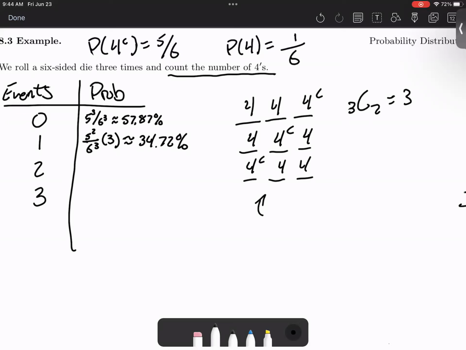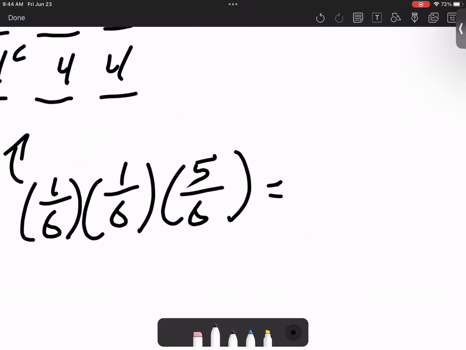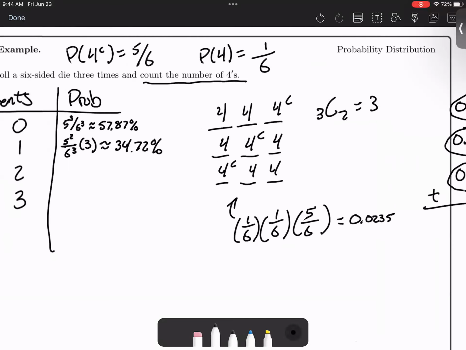So for the same reasons that we've already discussed, all of these have a probability of that's a 4, that's another 4, and not a 4. You get 0.0235.